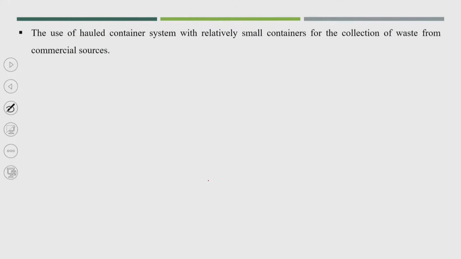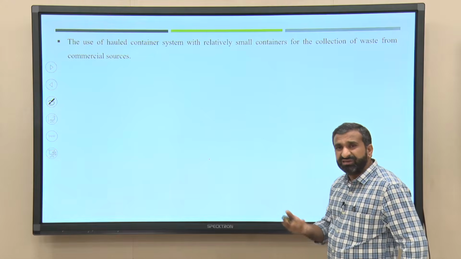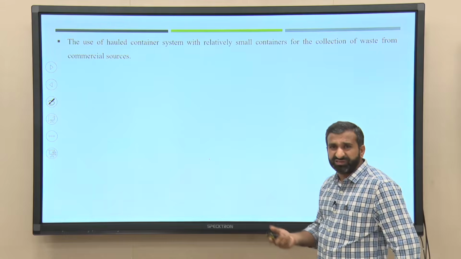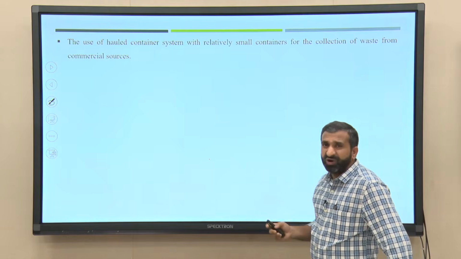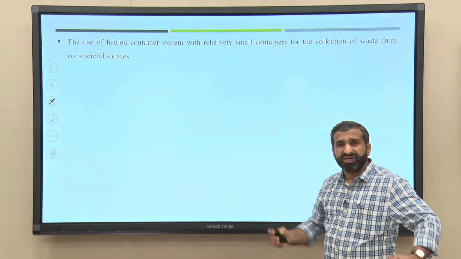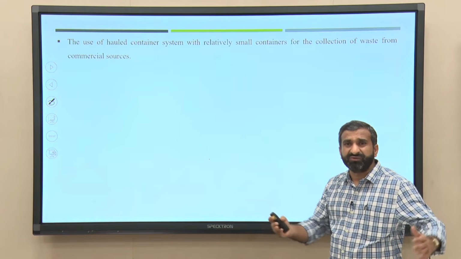Now, this is another benefit: the use of a hall container system with relatively small containers for the collection of waste from the commercial sources. Normally in the commercial areas, we have to use the stationary container system, and the quantity is very large, and it is very difficult to have a hall container system, because the size of the vehicle will be somewhat large.